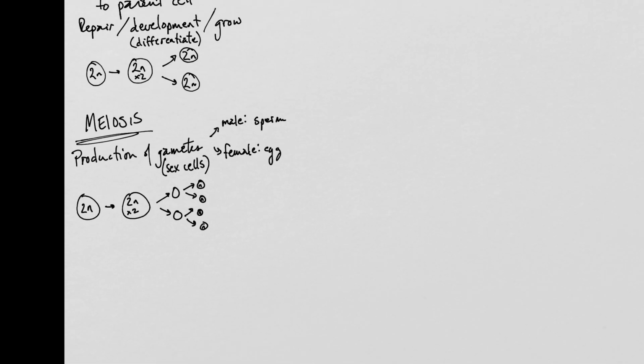And we only want 1 of each set of chromosomes in our cells, in our gametes, because humans do a sexual life cycle. Sexual life cycle meaning that we combine our genes with other people's to create all of this diversity that we've got.